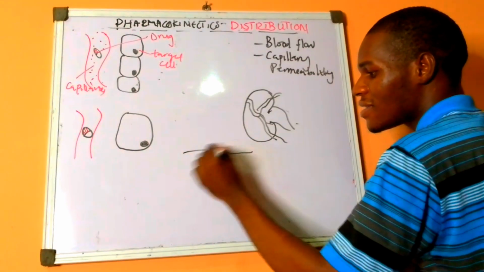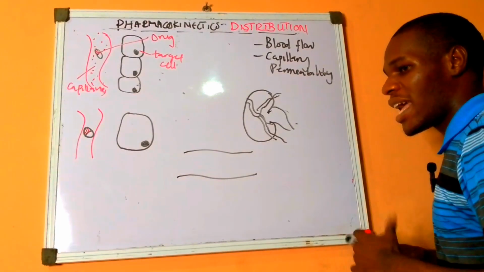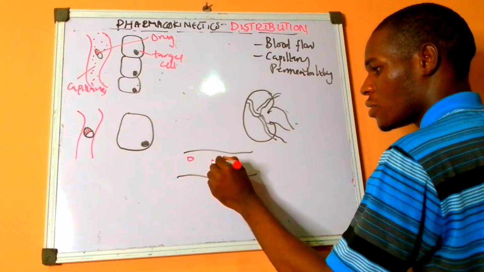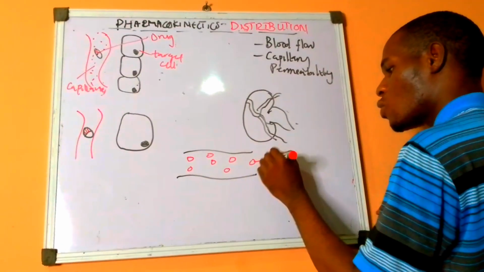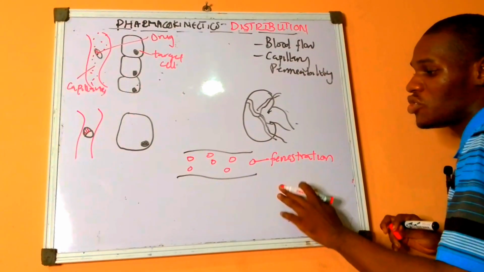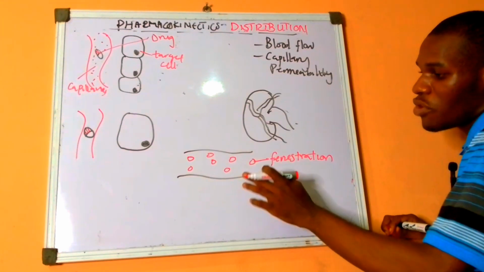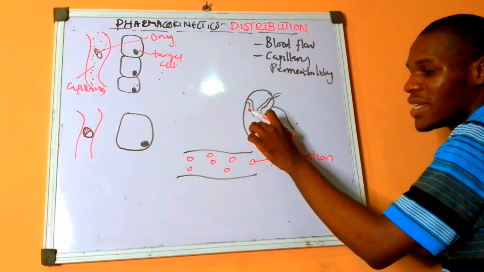Now, the capillaries of the kidney are highly fenestrated. They have fenestration. So let's say these are the capillaries with holes in the kidney. These holes are called fenestrations or pores. So they are highly fenestrated. Of course, if I give a drug, this drug will come out of these fenestrations and be distributed to the kidney.